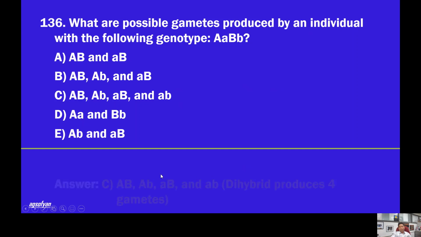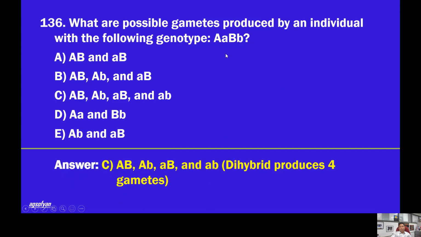The answer should be, remember, A capital letter will segregate with the other A, and it will sort or combine independently with the B capital letter. That's going to be the first gamete. The second one is going to be A capital letter combined with the B lowercase.